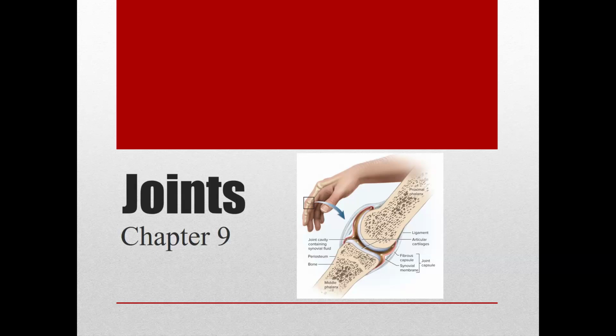Diarthrotic joints are going to be our freely movable. We're going to make that association, that these are associated together, those and then these. That's the game. That's why I like to draw like this, and I like for you to see it like that.